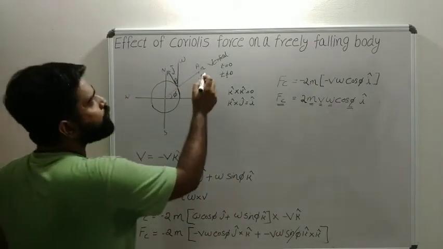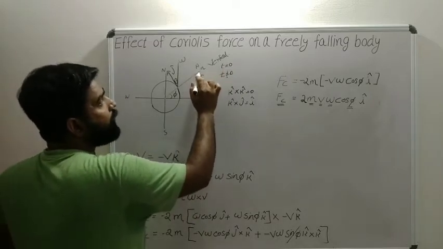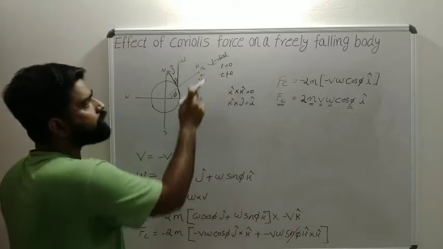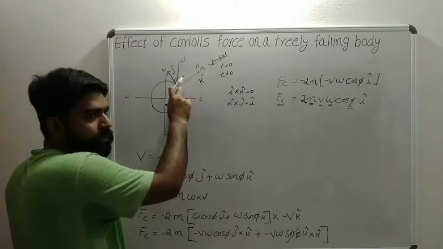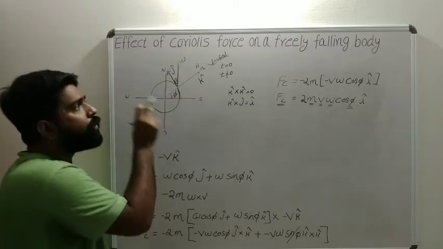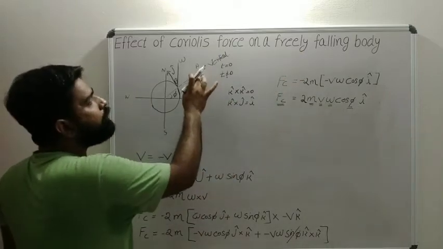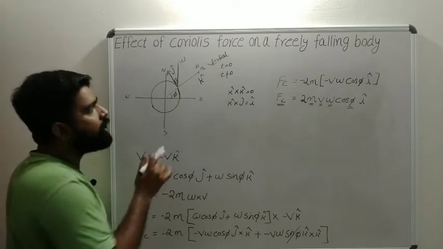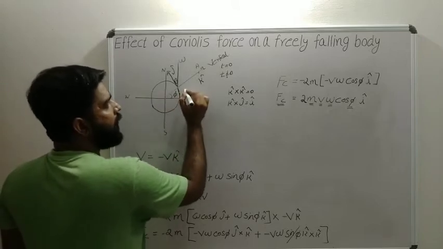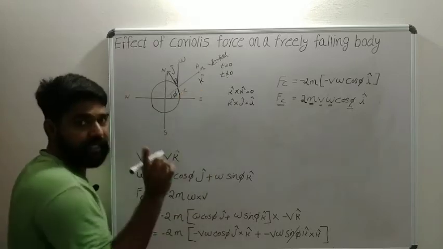It means that at time 0 the mass m is at the point A, and we expect after time t it will touch the earth's surface at point B. But due to the action of the Coriolis force on the object, there is a path deviation and it will touch another part of the earth's surface, which can be represented by C, right?